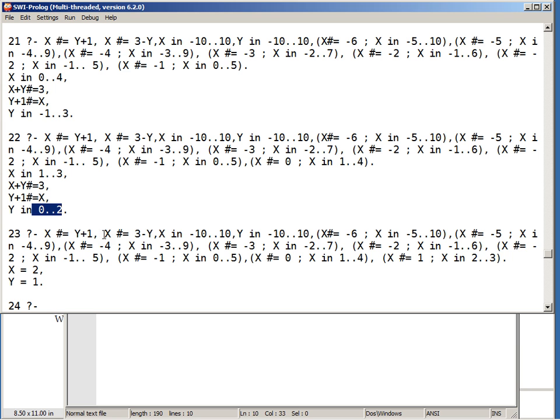So if x is equal to 3, this equation would give me that y can be at most 2, which is fine.